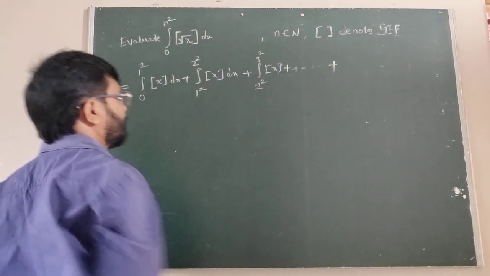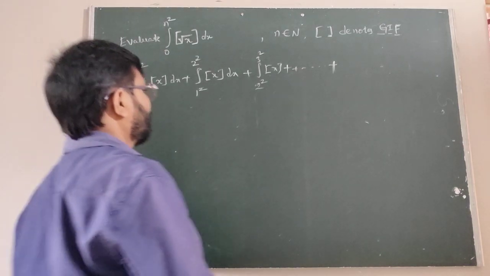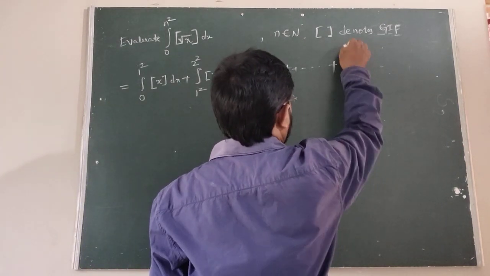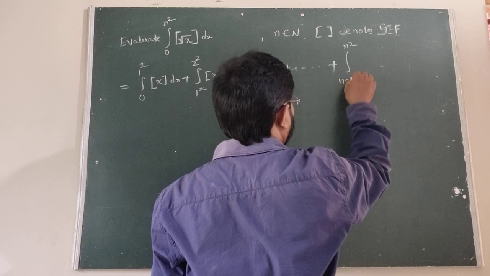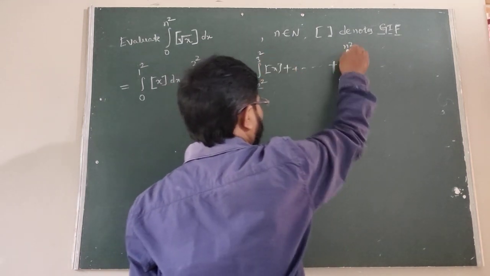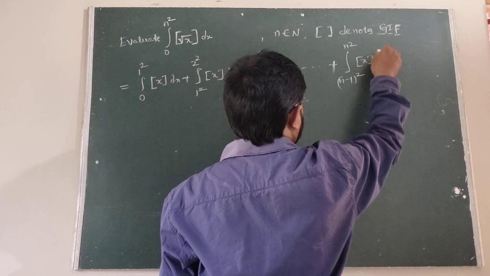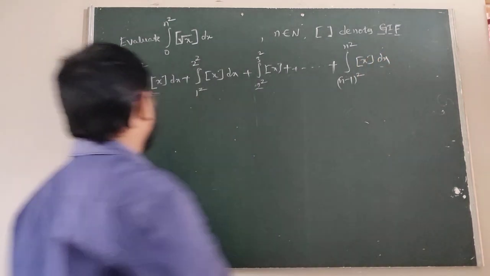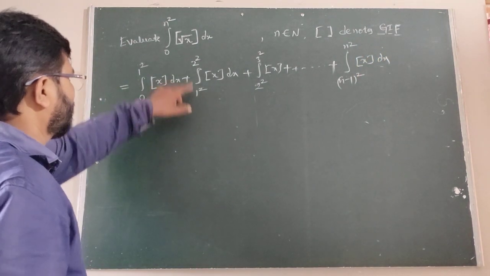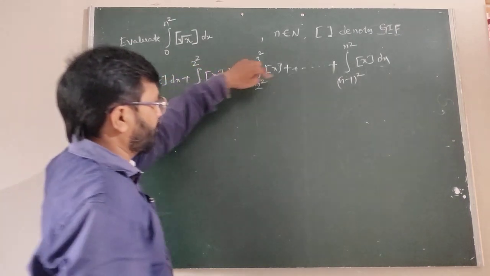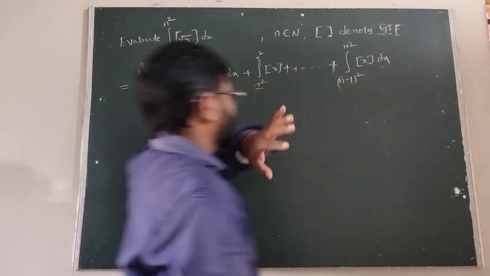The last term is from n minus 1 whole square to n square. Is it clear?